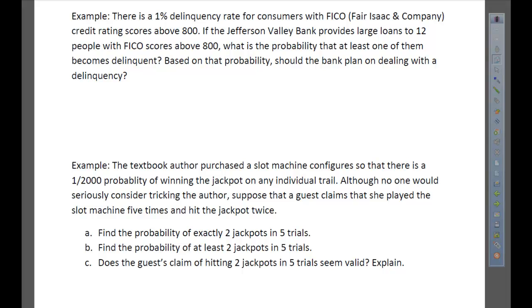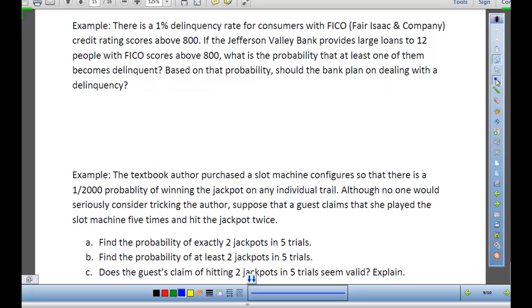So we see that this is indeed binomial, and so we want to identify N, P, X. N in this case is 12. P is 0.01. And then the probability that we're asked to find is what is the probability that at least one becomes delinquent. So probability that X is greater than or equal to 1.